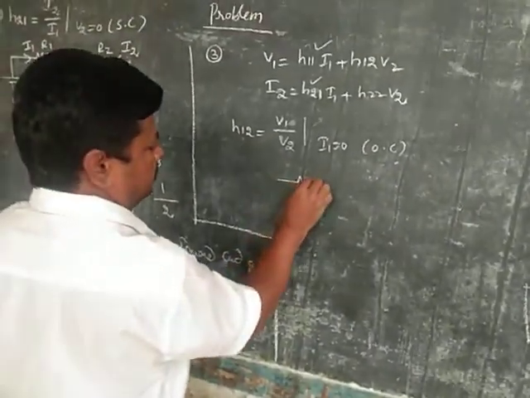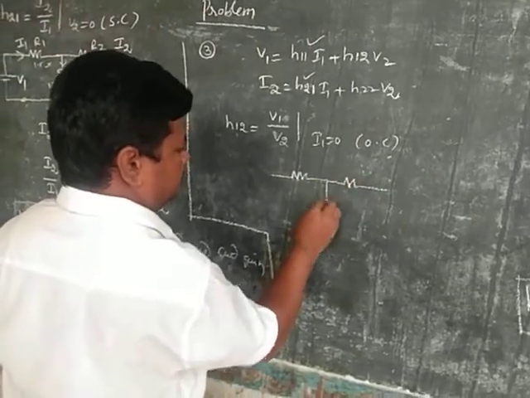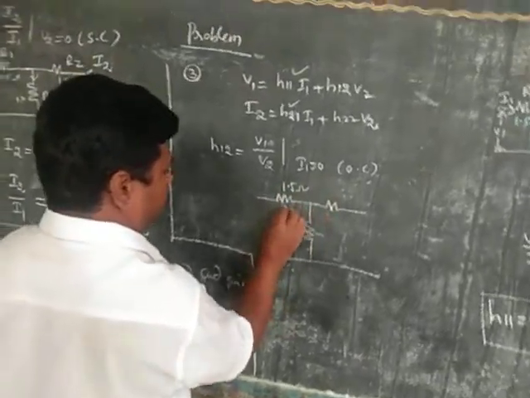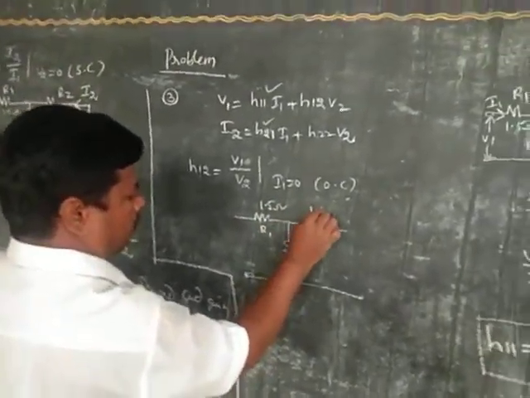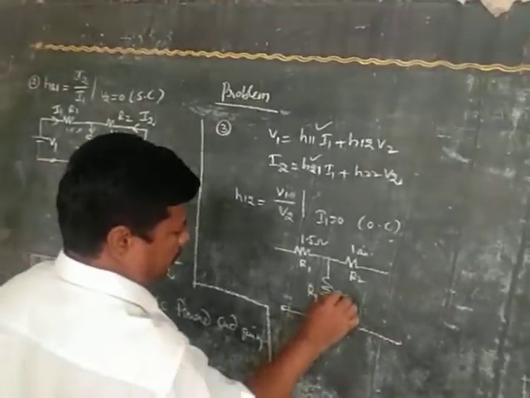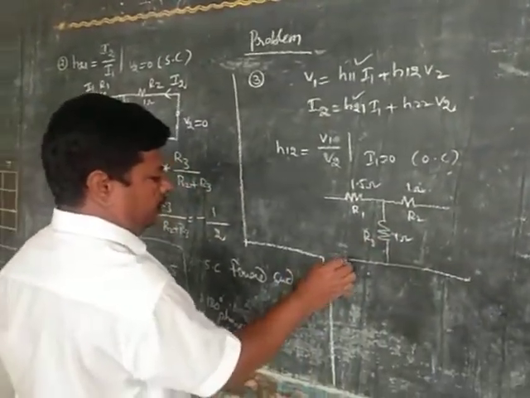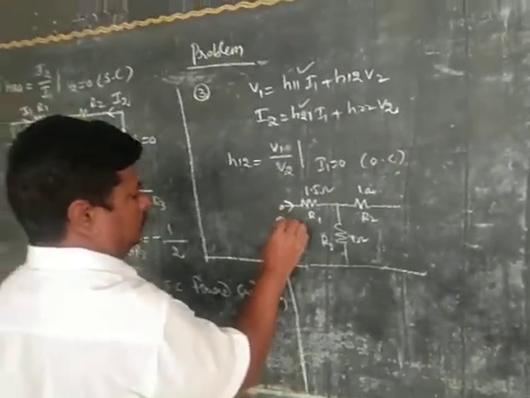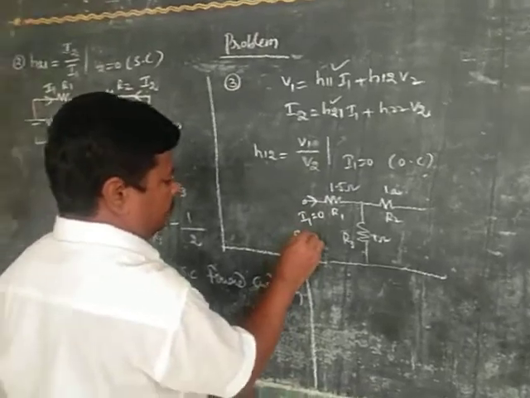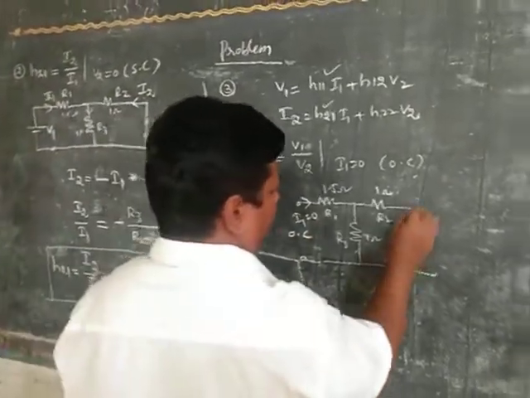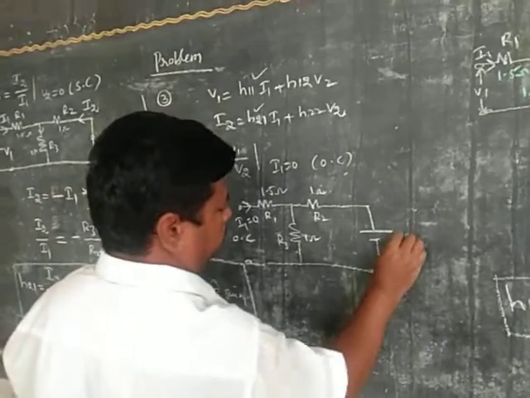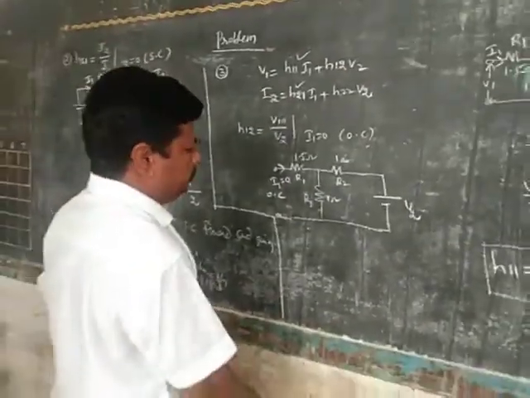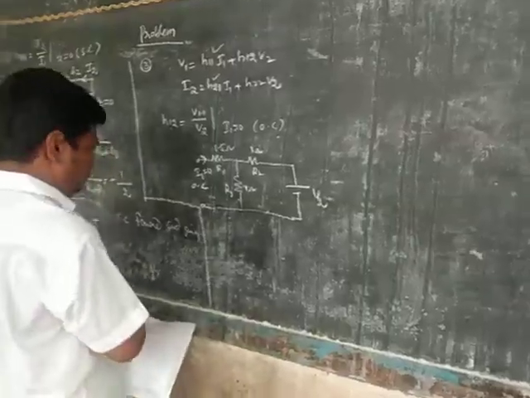Now the circuit is, this is the circuit. Here it is 1.5 ohm R1, R2, R3. Now here I1 is equal to 0. I1 is equal to 0 means open circuit. Okay, here it is V2. Now find out V1 by V2. Concentrate here.